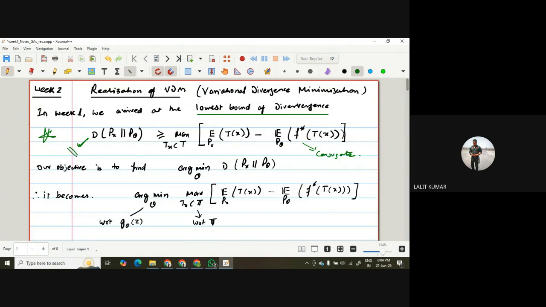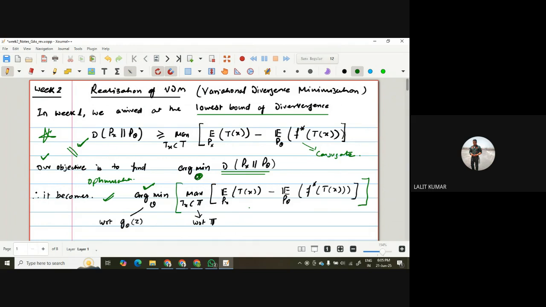We had arrived here. But our objective was to find that theta which minimizes this divergence. If you put it like this, then the optimization problem becomes that we have to find the theta to minimize this divergence, but this is the lower bound of the divergence.